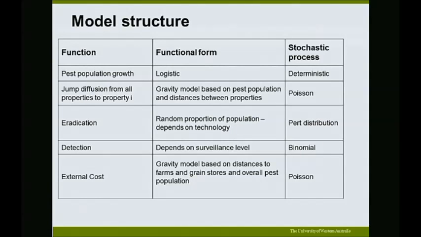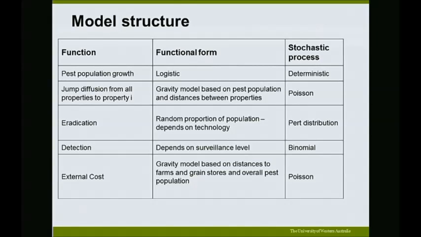Okay, so we developed a model of Scarborough. And these are the list of equations that I'm saving you from. So, these are the components. We've got pest population growth, which is basically population growth within a property.